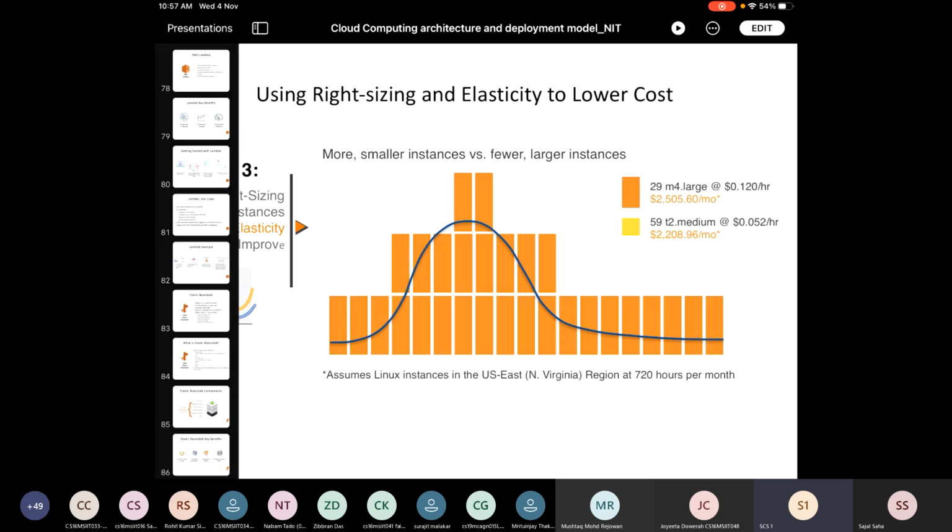Now, can you remember? We have two options. Suppose one is that we are taking 29 M4.large and another option is that we are taking 59 T2.medium. T2.medium is the low configuration server, whereas M4.large is the high configuration server. If you take the 59 T2.medium, in that case you are saving $2,200 per month.